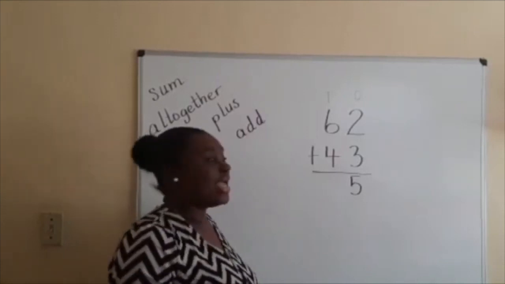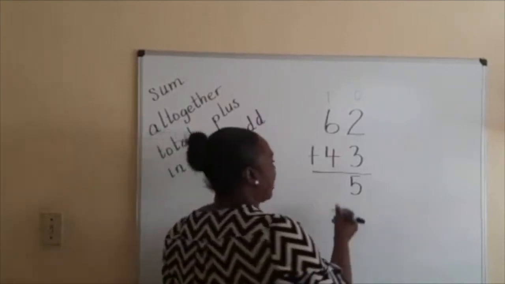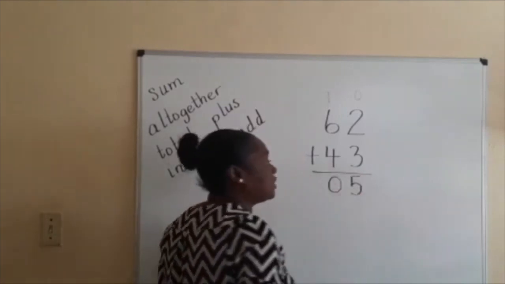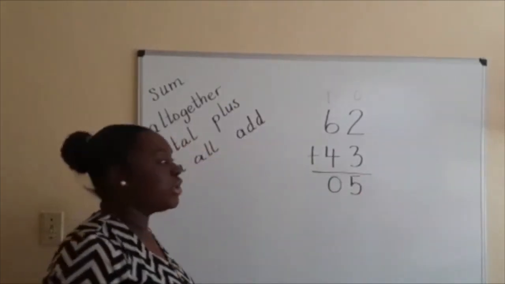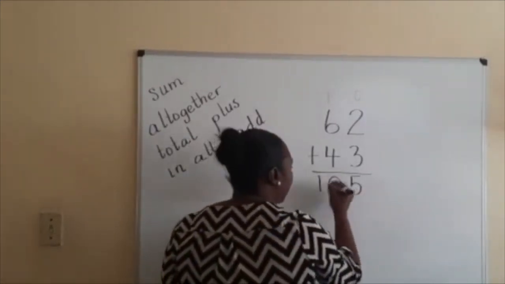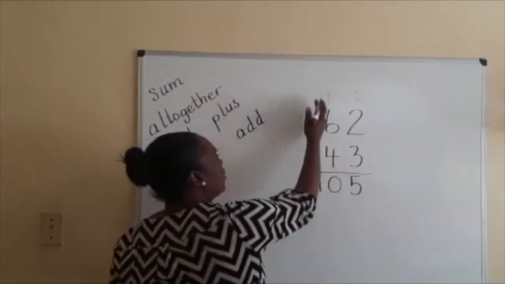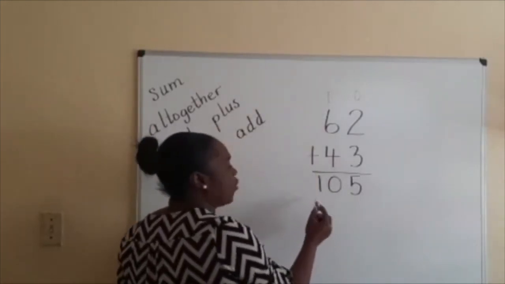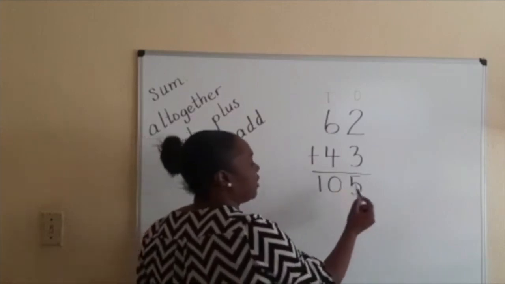Very good. It is 10. Now I know some boys and some girls may just put their 0, but it is important that we put the complete number because we don't have any hundreds. So our sum would be 105.